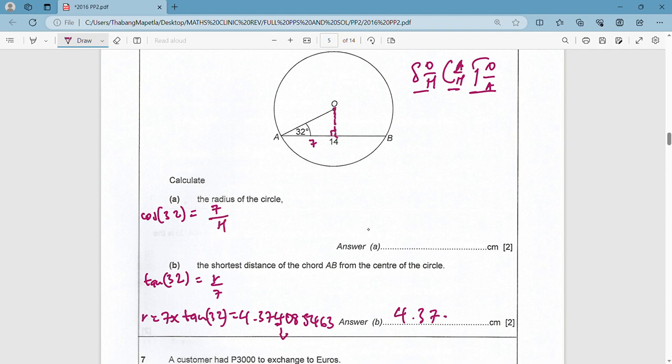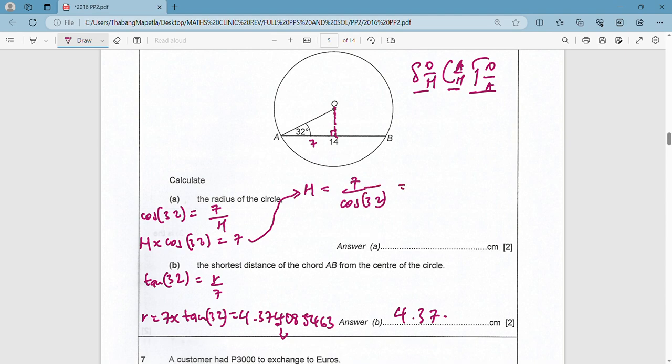To make h the subject, multiply by h both sides and then divide by cos both sides. So first you're going to have h times cos 32 is equal to 7, and then divide everything by cos 32, so h is equal to 7 over cos 32.